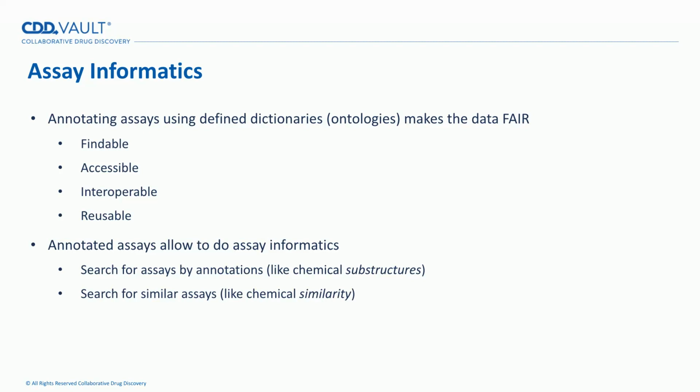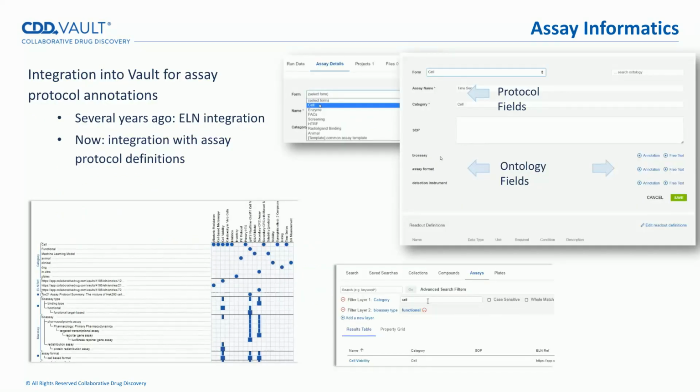In order to have assays, they need to be properly annotated. And that's what we tried to solve with the assay informatics that we developed. Basically that would then allow you to get the information, but then also search assays more effectively. And so currently, we have that integrated into Vault with the assay protocol and protocol annotations.